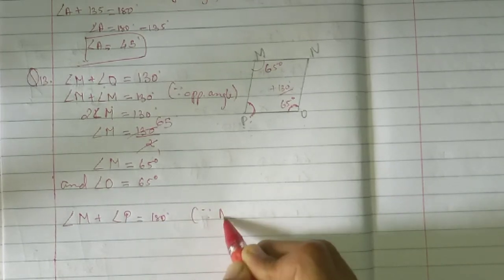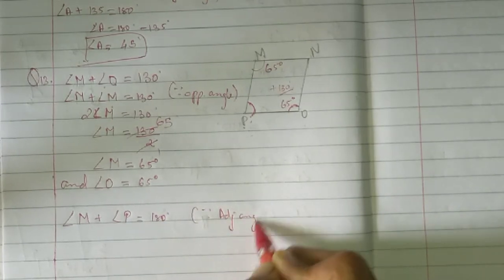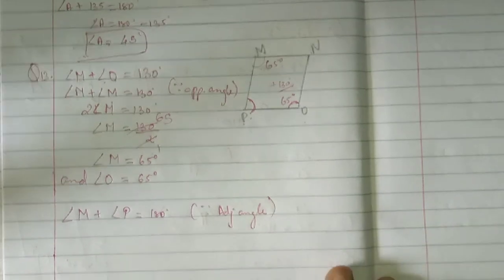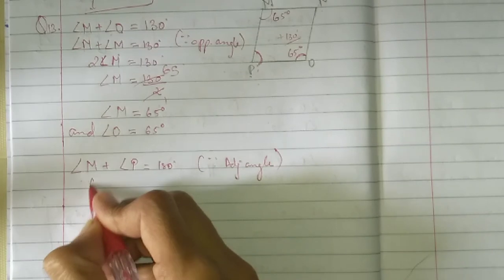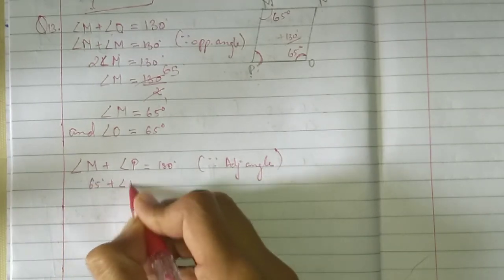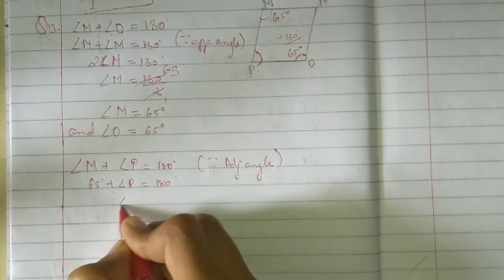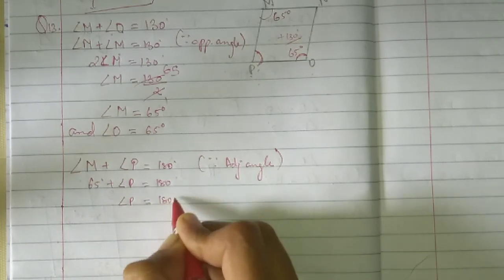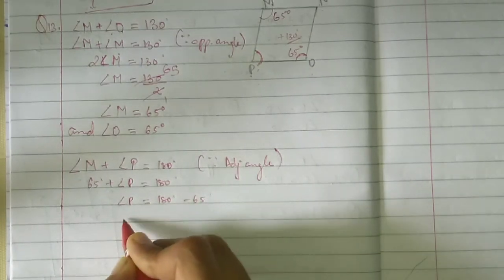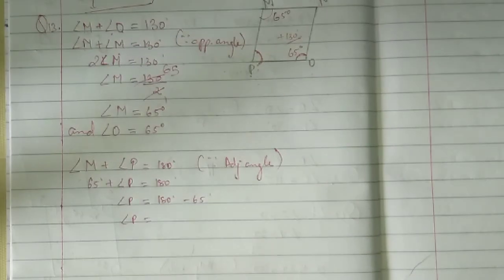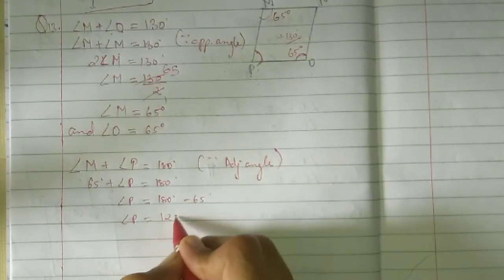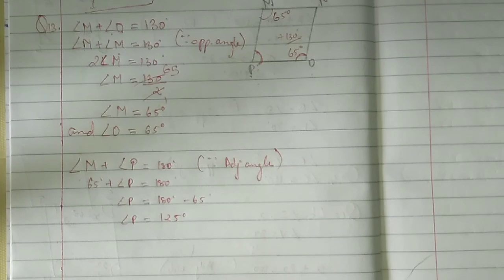Why? Adjacent angles. Angle M is 65 degrees, plus P equals 180. Angle P equals 180 minus 65, which is 125 degrees.